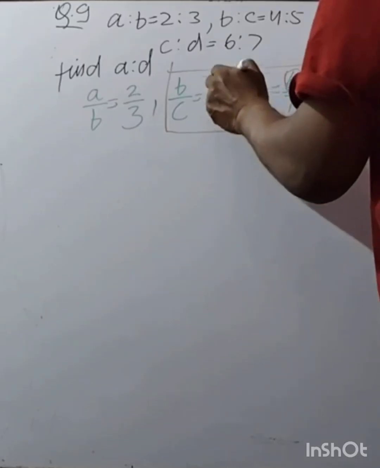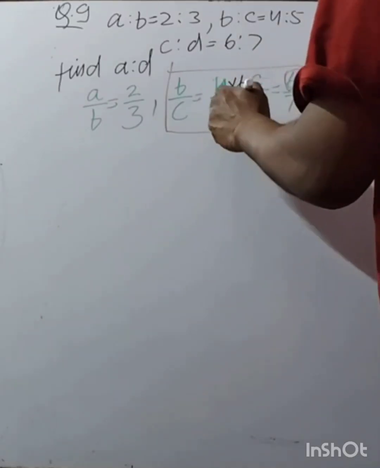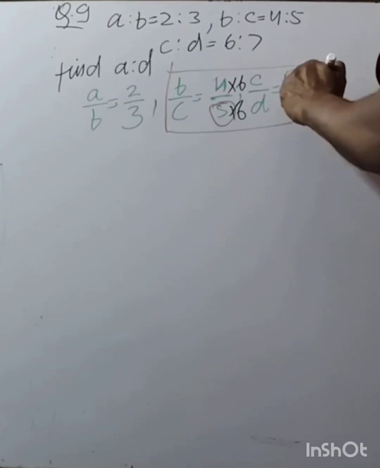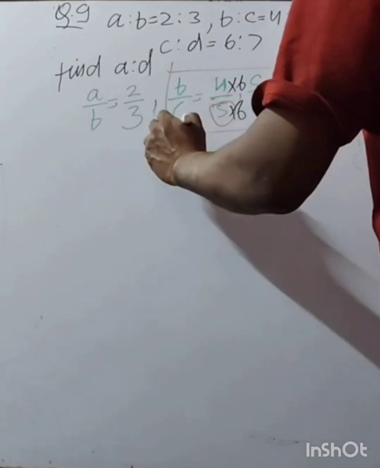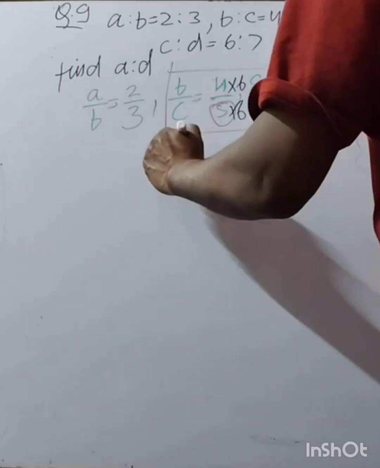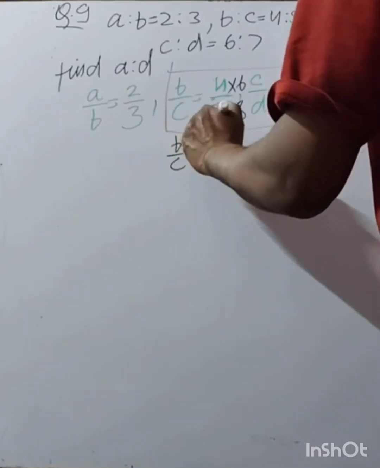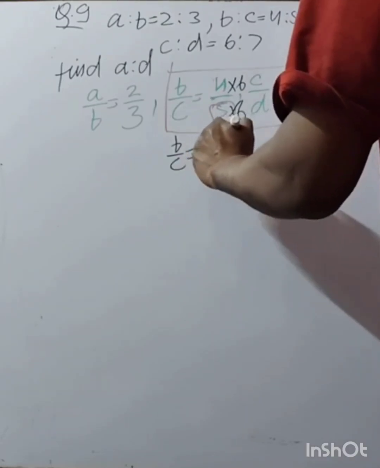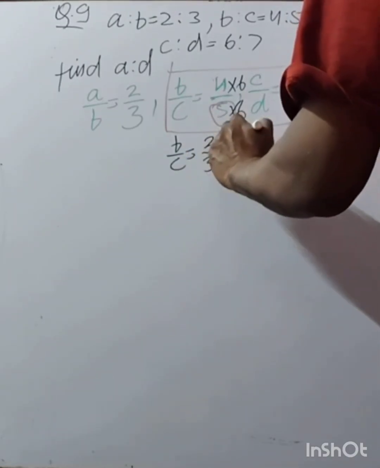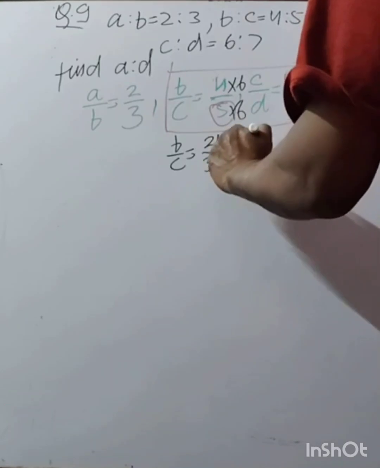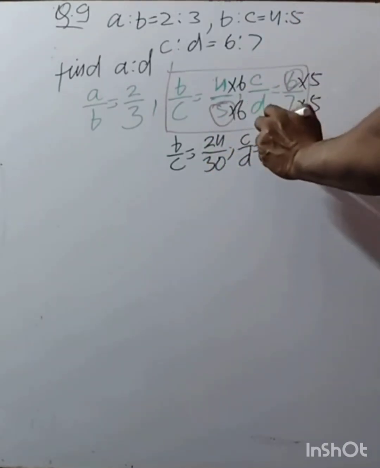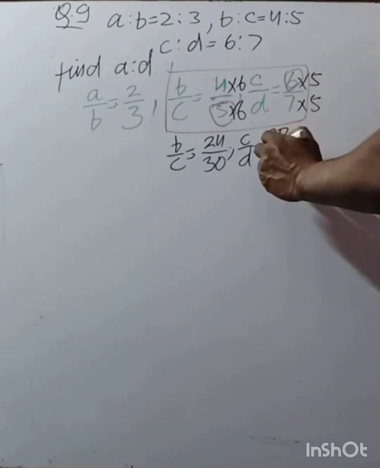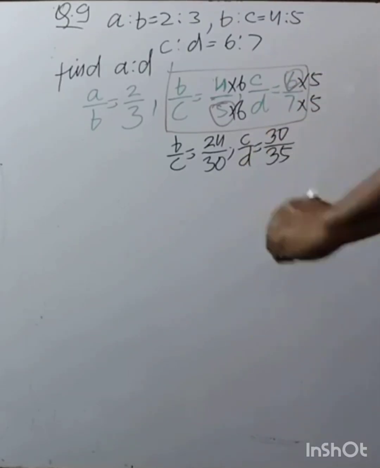So how can you make them equal? If you multiply this by 6 and 6 and this by 5 and 5, then BC is equal to 24 upon 30 and CD is equal to 30 upon 35.